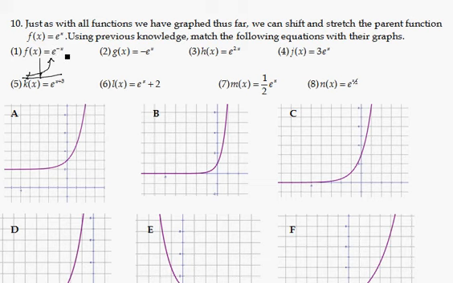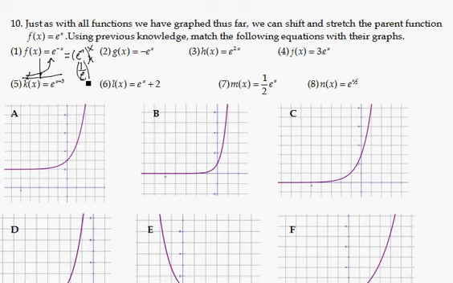The other way to think about that is you could think of this as e to the negative 1 to the x power, or as 1 over e to the x power. That would show you that the base now is going to be between 1/3 and 1/2, right? Because e is between 2 and 3, so 1 over e would be between 1 over 2 and 1 over 3. And so that would be exponential decay.